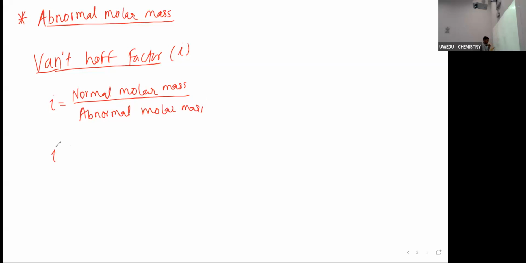This i can also be observed colligative properties by theoretical colligative properties.